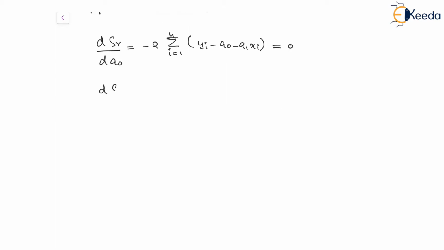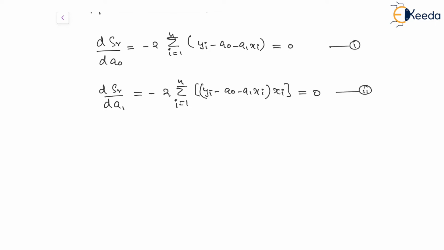Similarly, dSR over the other variable, that is a1, will be equal to minus 2 times summation i equal to 1 to n yi minus a0 minus a1 xi times xi equal to 0. So these are the two conditions which will help us to find the variables for which we'll have the minimum error. Let us say this is equation number 1 and this is equation number 2.